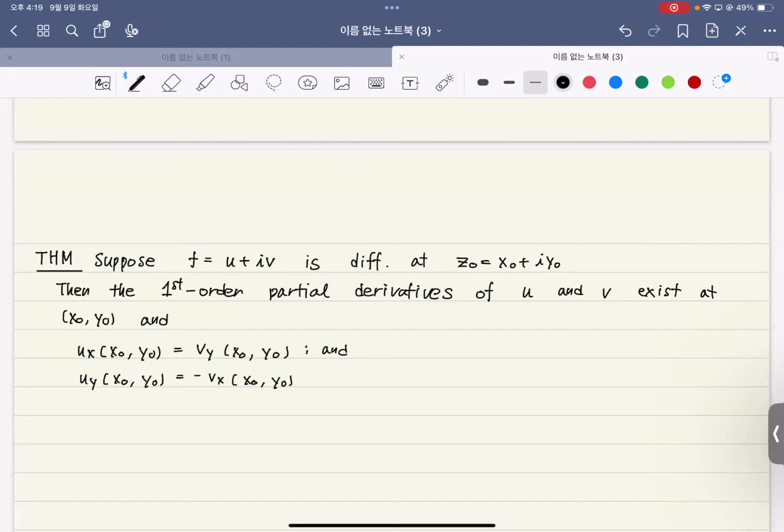So these are called the Cauchy-Riemann conditions, or Cauchy-Riemann equations, and this is actually the necessary condition of the existence of the derivative at the point z0.